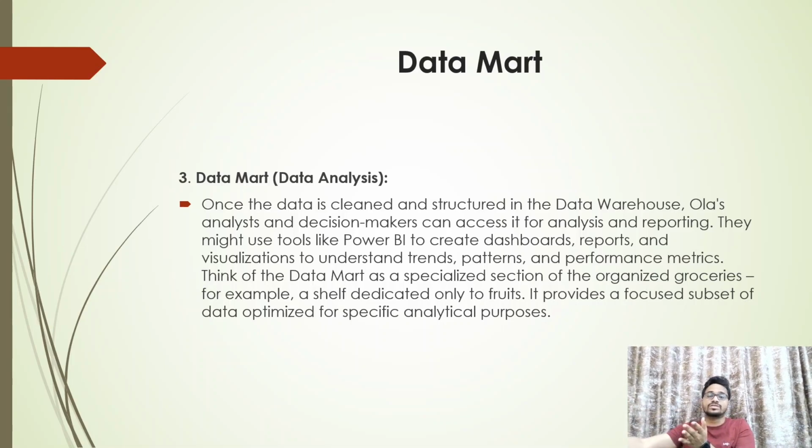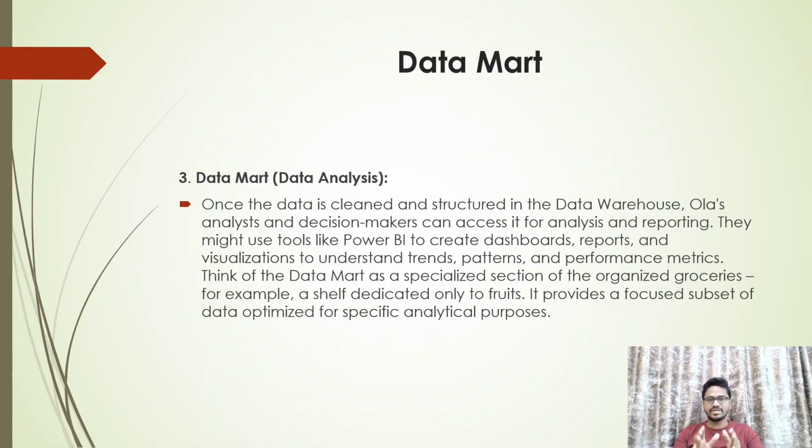That's how it works. So to sum up these two examples, what happened in the case of Ola, all the raw and unfiltered data of the organization was stored in the data lake. It was cleaned and maintained properly in the data warehouse. From the data warehouse, third party tools like Power BI will take the data and make the reports out of it in the data mart.